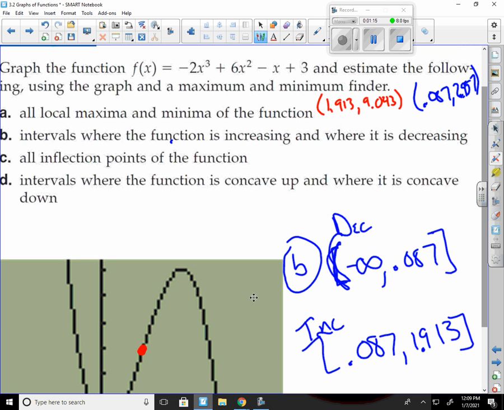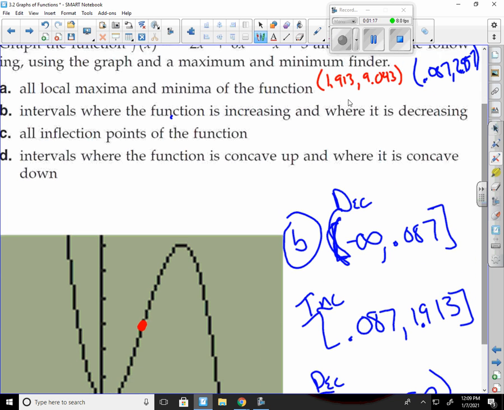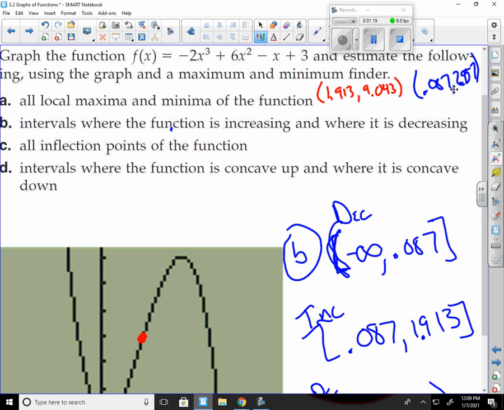All right. So we found a max and min. Our min was at 0.087, and our max was at 1.913. And so all I have to do to find an estimate of my inflection point is to find the average of those two.